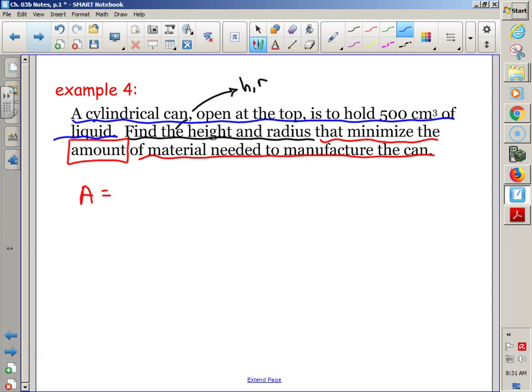Volume. Is volume, the inside, the same as the amount of material on the outside? Think about a can. Is the stuff you fill the can with the exact same thing as the stuff the can's made of? No, so I have to separate these two. Does that make sense? Do you guys get that this one's going to be a surface area, whereas this one's volume? That's how I knew to separate them.